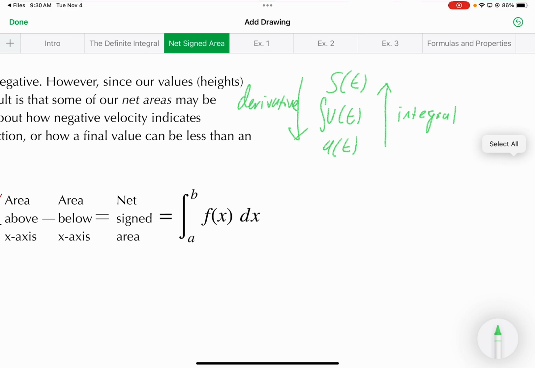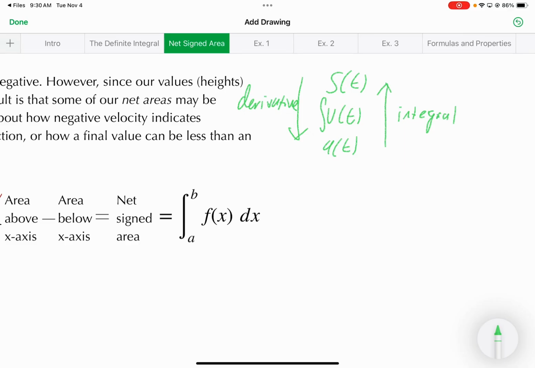But if you think about what the antiderivative has meant to us, it's been area under the curve, which we're going to find out means the amount of something. Area tells us the amount of something in a space. So if I integrate my velocity, what that tells me is the amount of distance that I've traveled, okay? But if I'm traveling in a negative direction, that would give me a negative area, okay? So that's one application of how you can think about negative area.